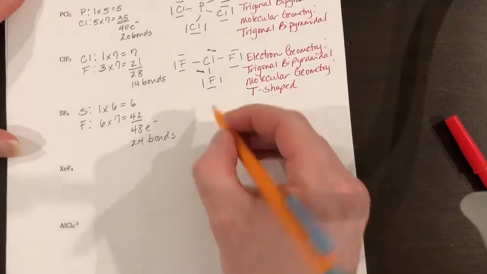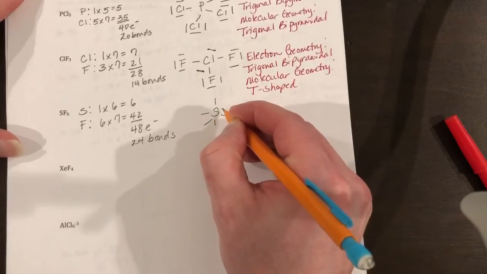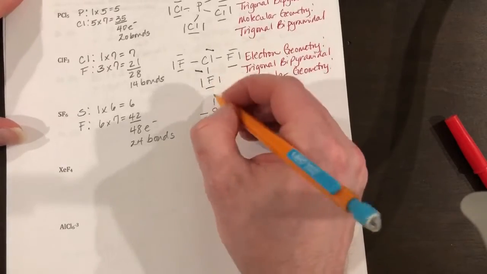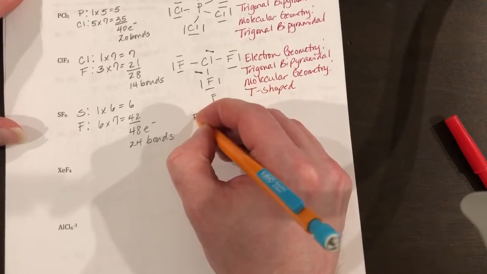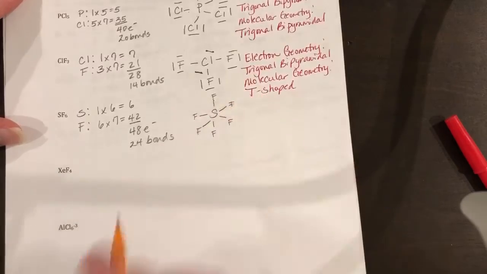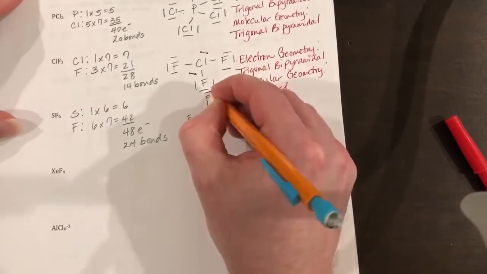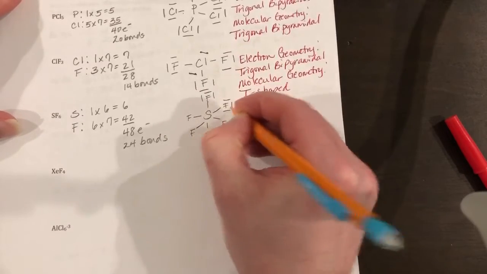Okay, so sulfur is going to be my central atom. Okay, and we're going to have fluorines coming off of it like that. Okay, advice I gave you, fluorine's probably going to have 3 lone pairs of electrons.